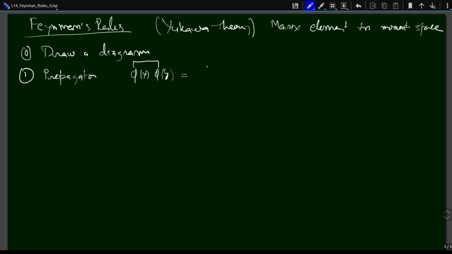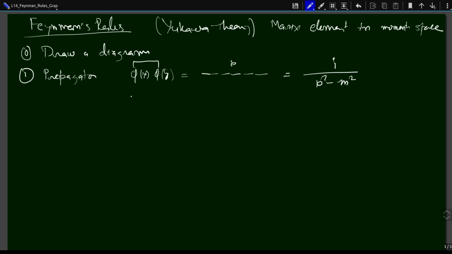Whenever you see this, you just denote it by a broken line with momentum p, and expression-wise it is i divided by p square minus m square. If p is the momentum, this is how you write it.